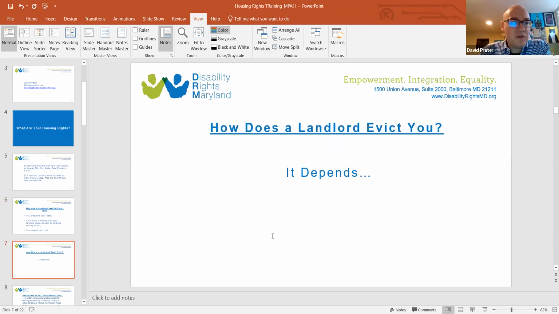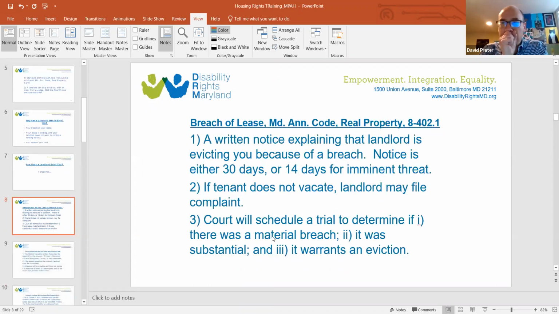So how do these evictions occur? Well, it depends. Starting with the first reason a landlord can evict you, a breach of lease. The first step in this process is a written notice explaining that the landlord is evicting the tenant because the tenant has breached a term of the lease.